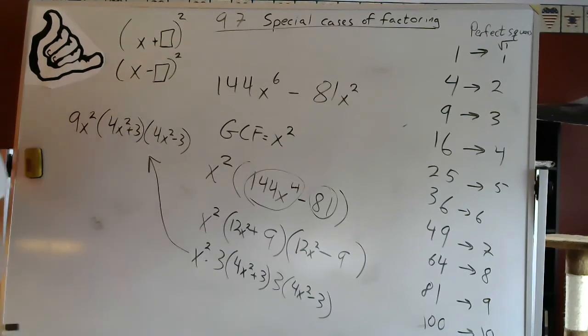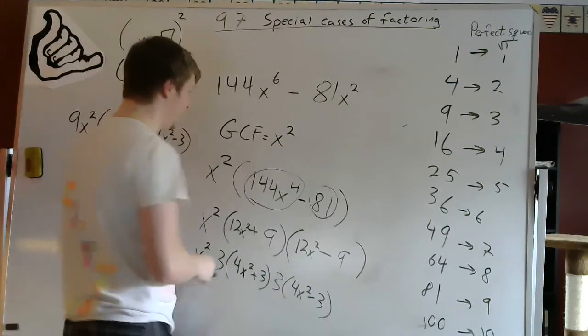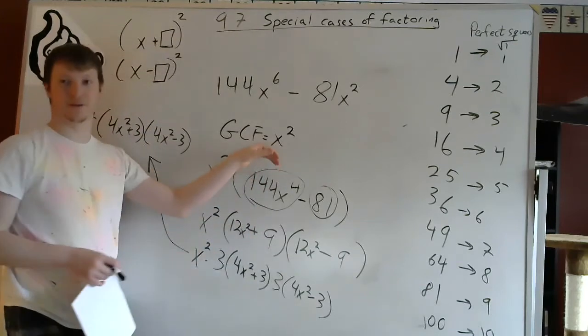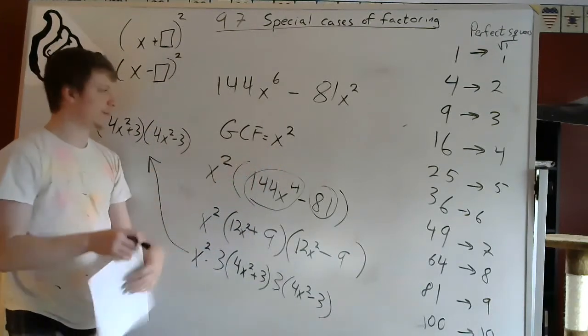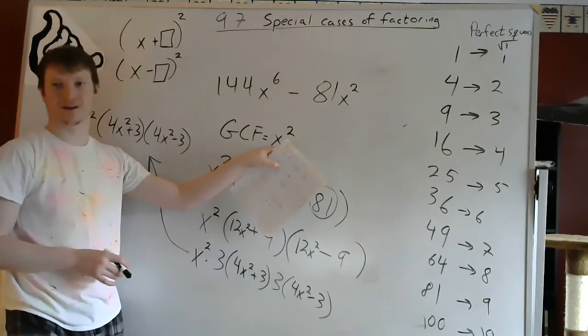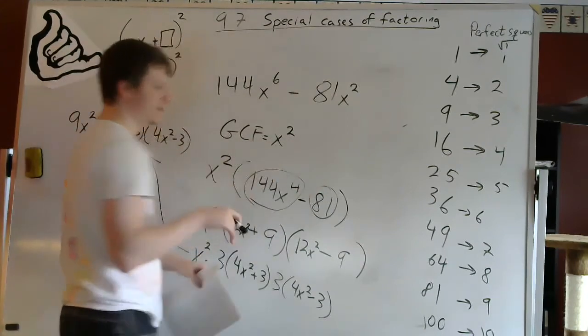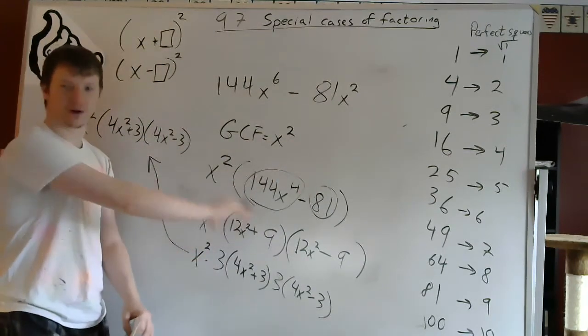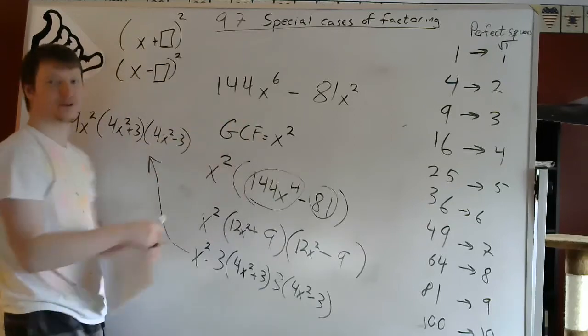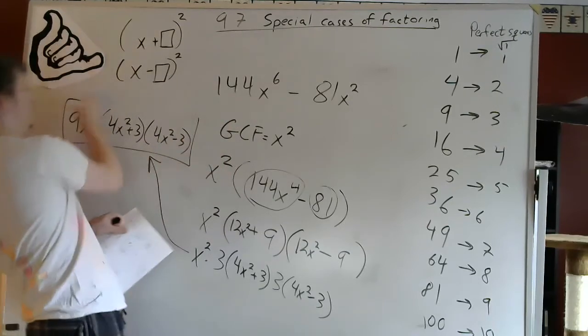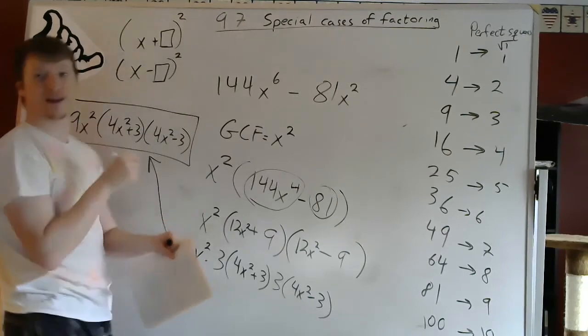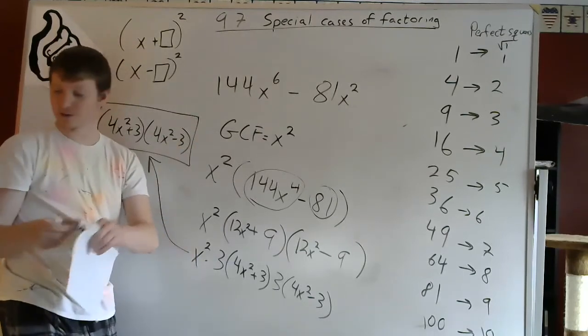Now, if you were a smart cookie, you would recognize the GCF at the beginning: it's not actually just x squared, it's 9x squared. So I'm going to erase the rest of this work and go through with the proper GCF, and you're going to see that we end up with the same exact thing. The difference of squares still works.